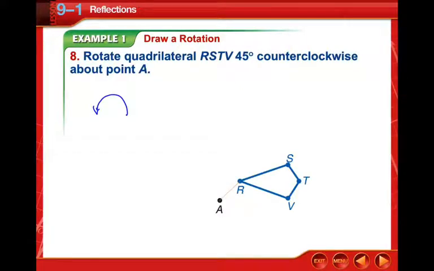I don't have a protractor on this tool, unfortunately, but it looks like that's about 45 degrees, and you want to make sure that you are drawing your lines the same length. So that's probably about where R is going to be. Again, this is going to be fully on estimation because I don't have a protractor or a ruler, for that matter. But that's what you would want to have, to make sure that you're drawing the same distance away.